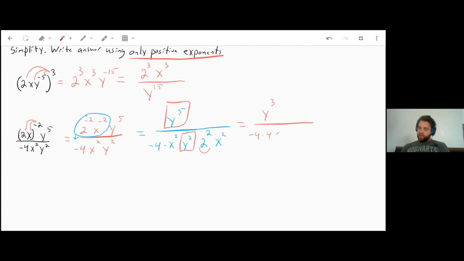And then we can also then combine our x's. So x squared times x squared, you add those exponents together, 2 plus 2 is 4. And last thing we can do is we can multiply the negative 4 times 4, which will give us a negative 16, x to the fourth on the bottom, and then a y to the third on top.